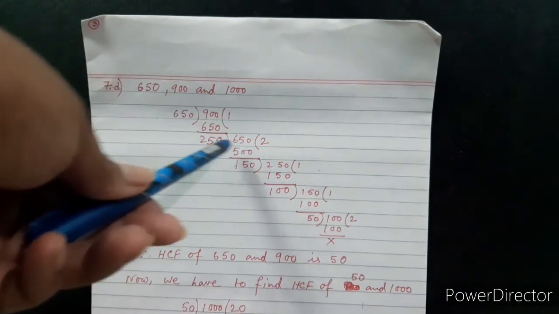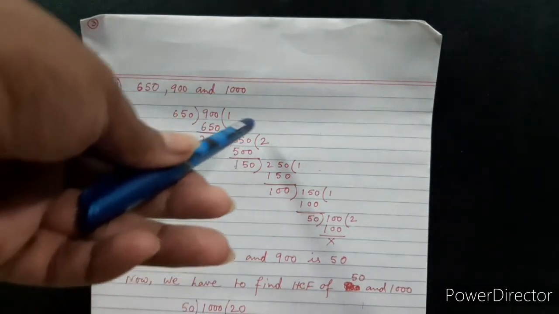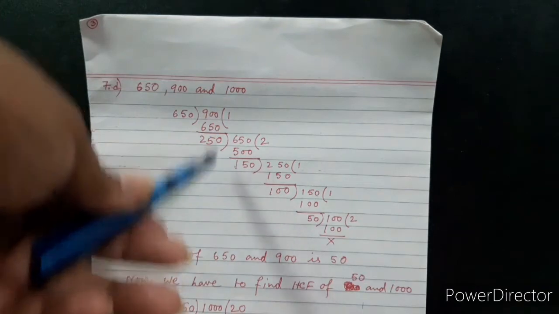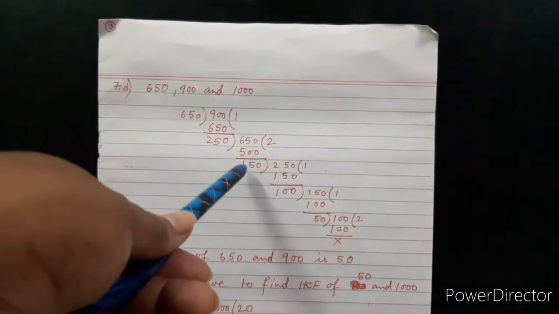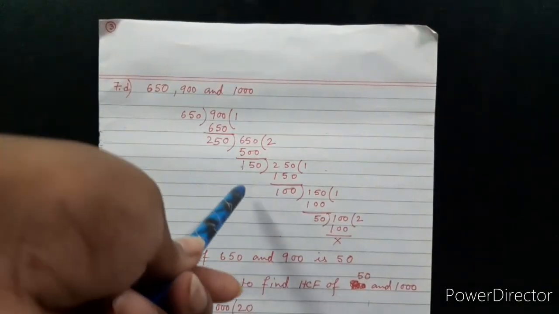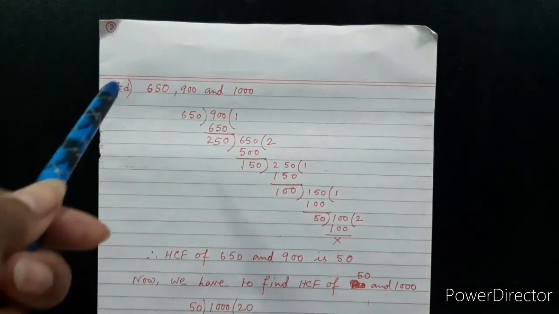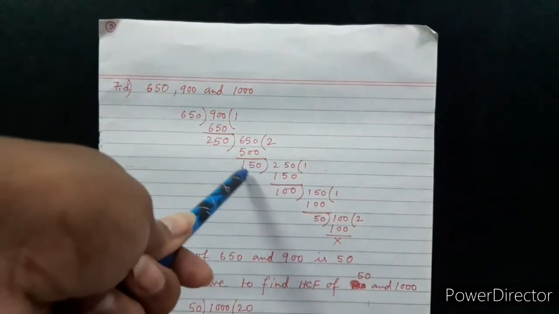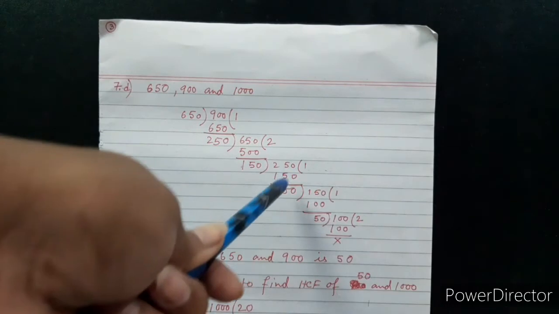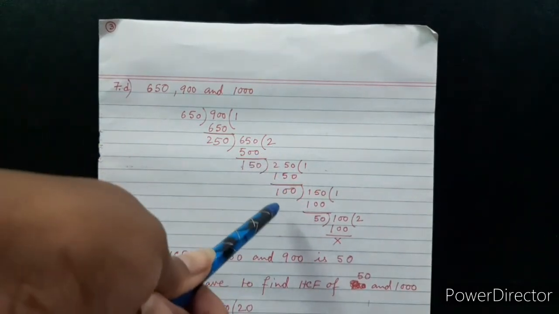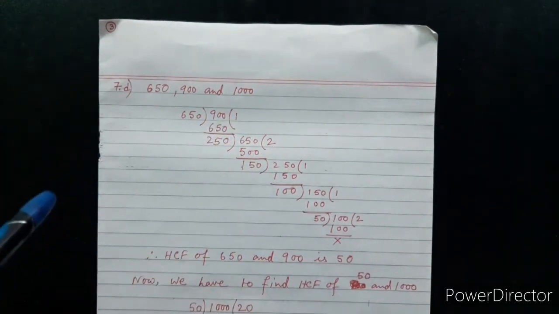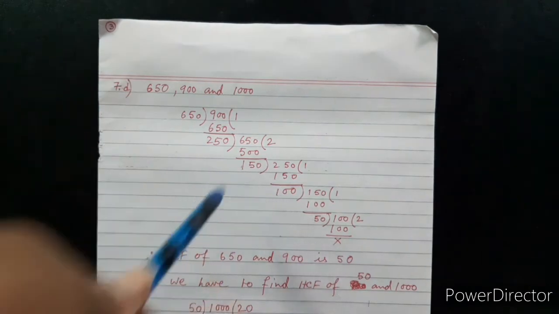So, we divide 650 by 250. 2 fives are 500. After subtracting, we get 150 as remainder. 150 is smaller than 250. So, we divide 250 by 150. 150 ones are 150. After subtracting, we get 100, which is smaller than 150.